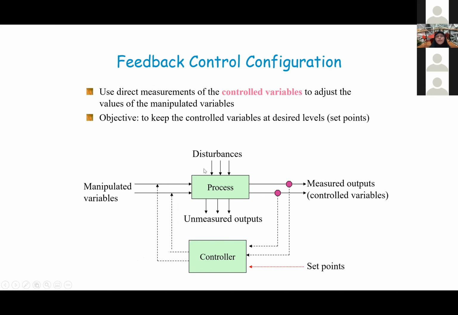Okay, so for feedback control system, we measure the control variable, and the controller will decide what the manipulated variable's value should be. Normally the valve opening is manipulated, and then it goes into the process.